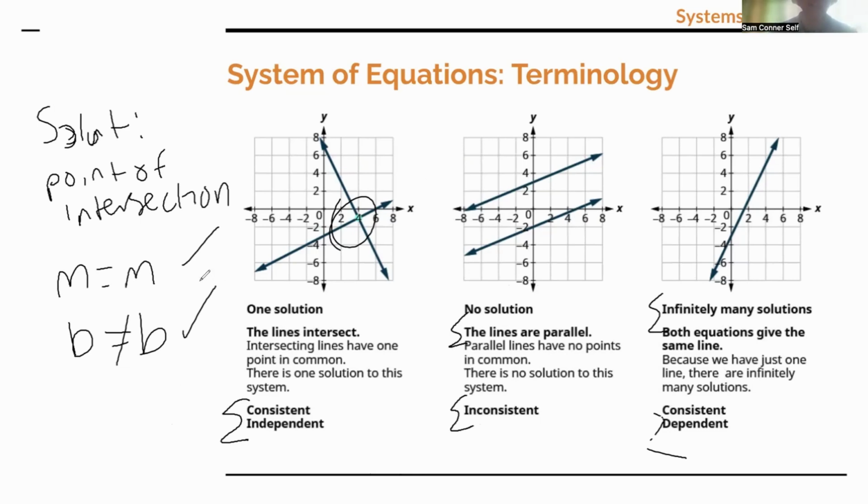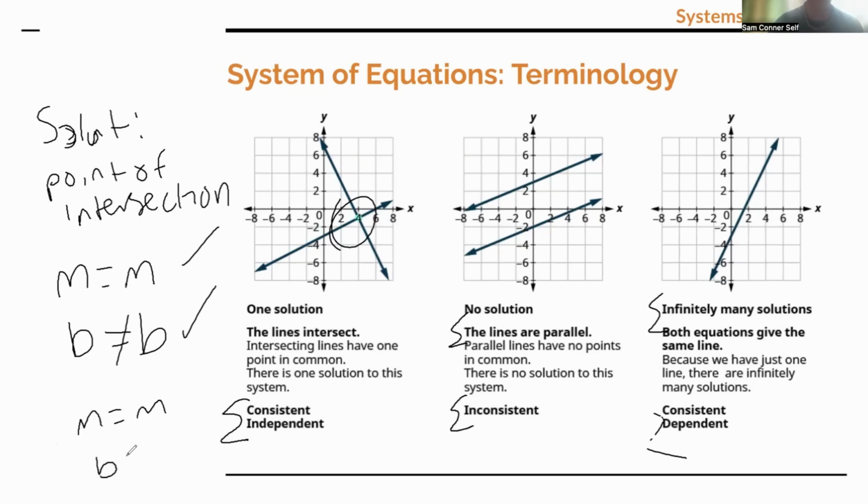An important thing to note is the difference between no solution and infinitely many solutions. For two equations with the same line, or infinitely many solutions, the slope is going to be the same, and they are going to have the same y-intercept as well.